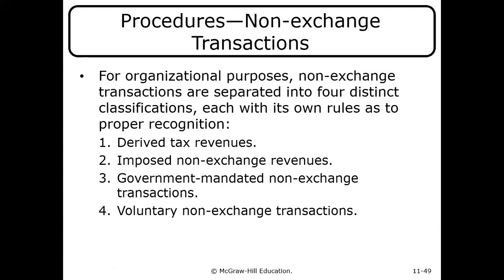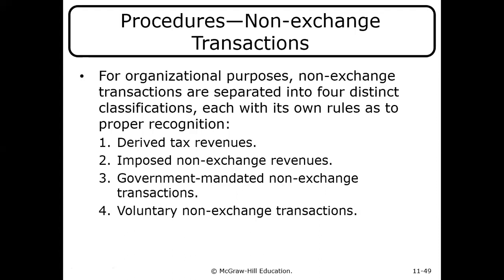Non-exchange transactions are separated into 4 distinct classifications with their own rules as to when we recognize revenue. And the first is derived tax revenues. So these are tax assessments that occur when an underlying exchange does take place. Income taxes and sales taxes are common examples of derived tax revenues.